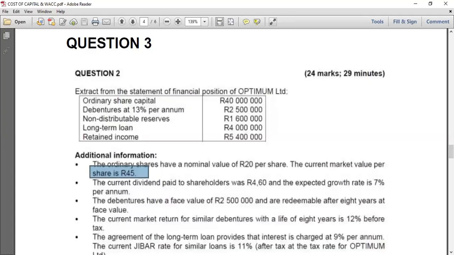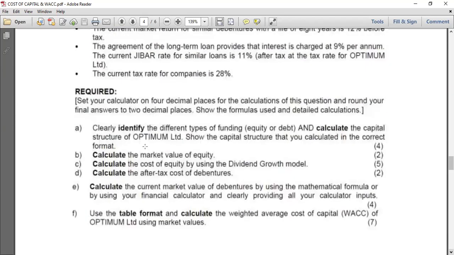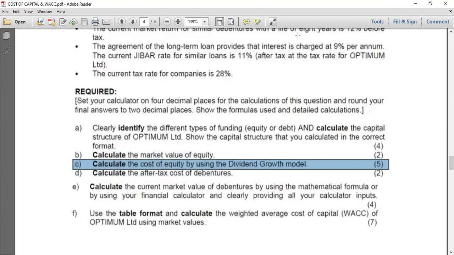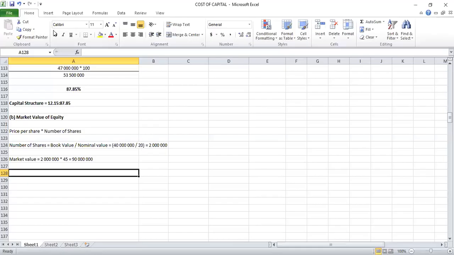Then they calculate the cost of equity by using the dividend growth model. We use our formula that we had from last week.